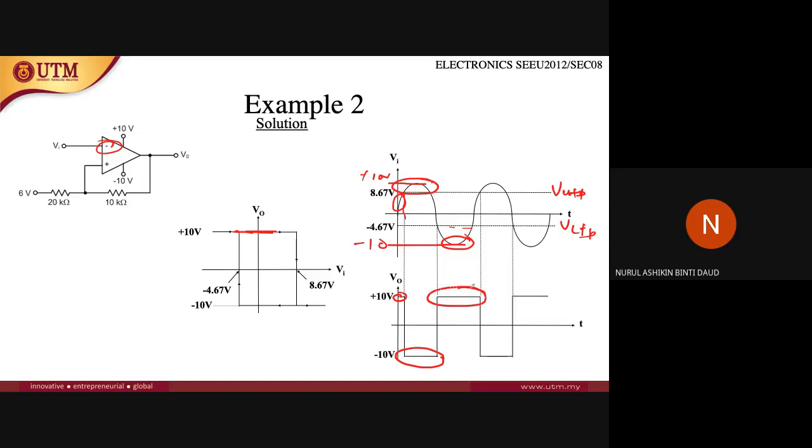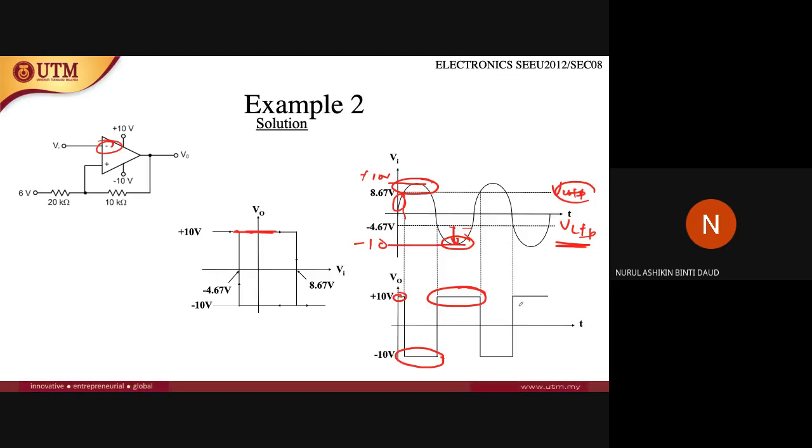So it will be maximum. So you have to recognize which trigger point to look at. For this negative cycle, you need to base it on LTP. For this positive cycle, base it on UTP. I hope it's clear for this one.